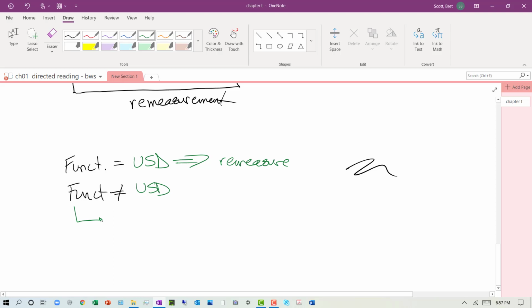Does, let me use a different color, does local equal functional? If it does, what are we looking at? Translation.